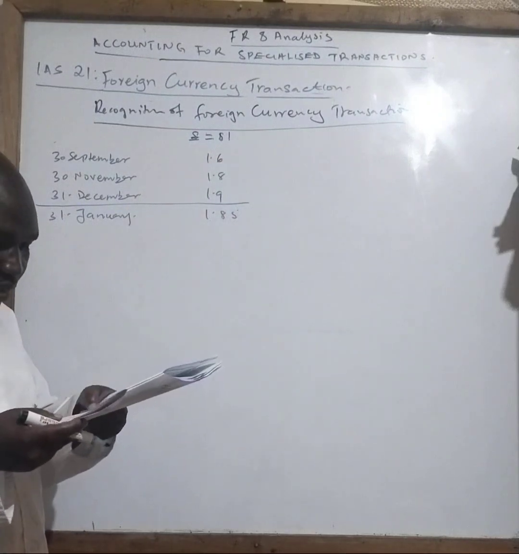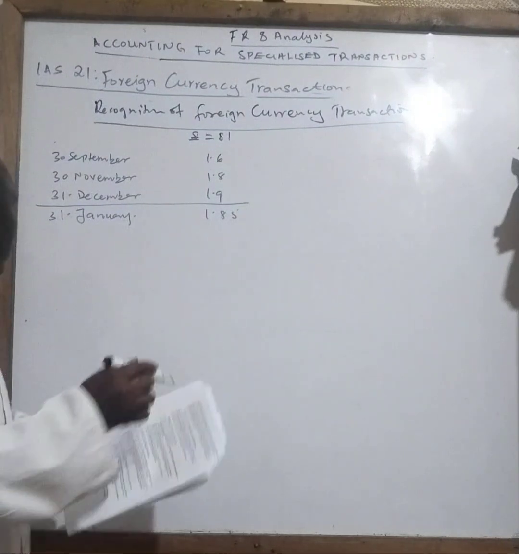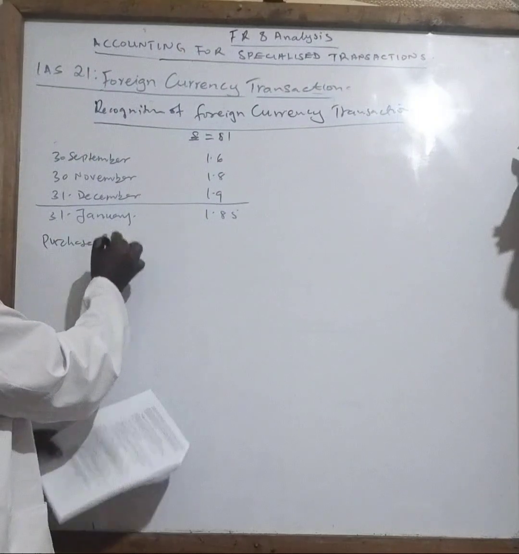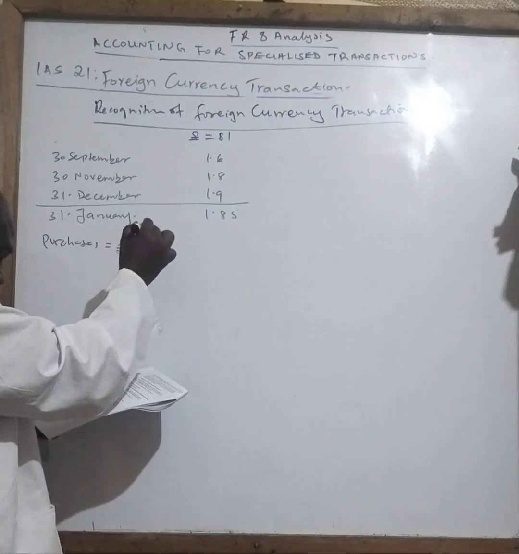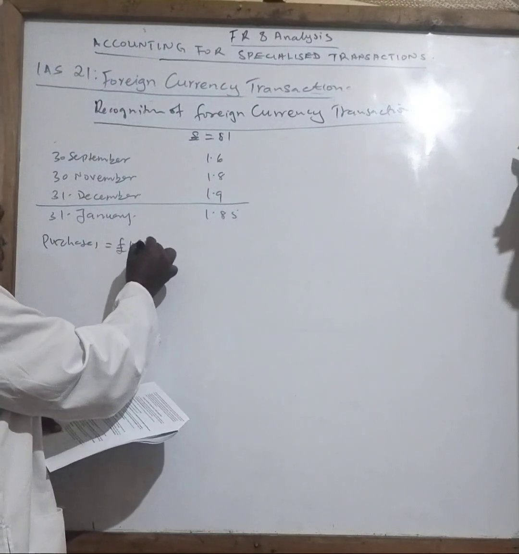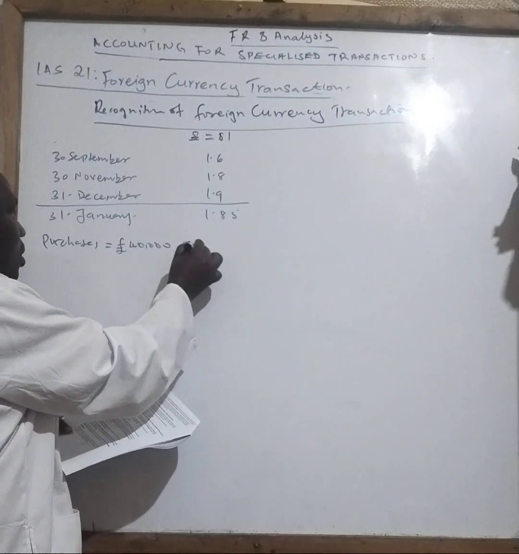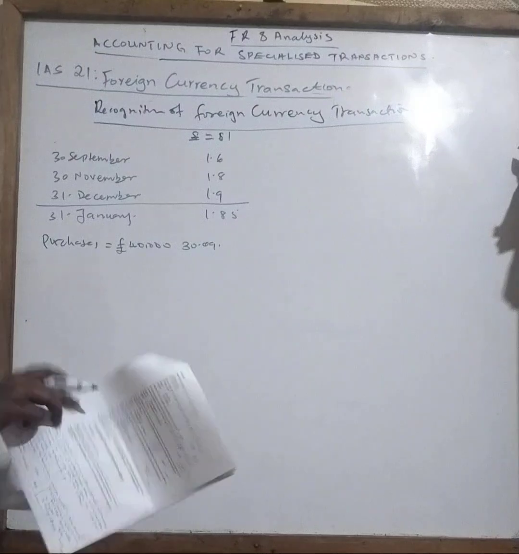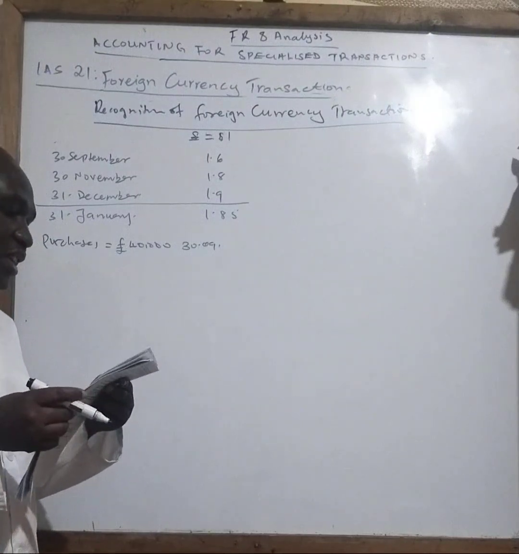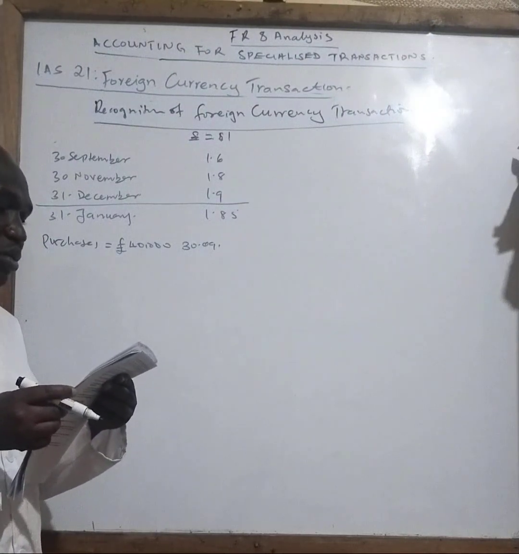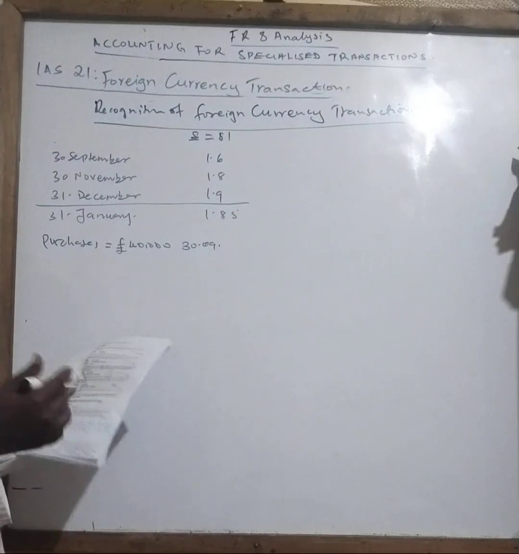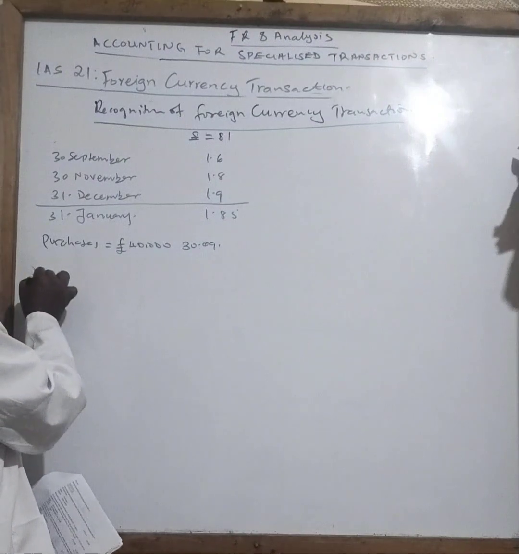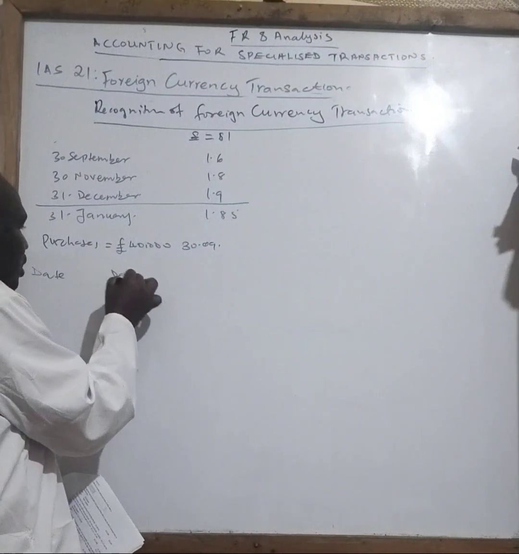The invoice value is this one, so purchases is equal to £40,000 on 30th of September. Very important. So state the accounting entries in the books of White Cliffs. Your work will be very simple. You just say, okay, I have the date here, and we have the description here.